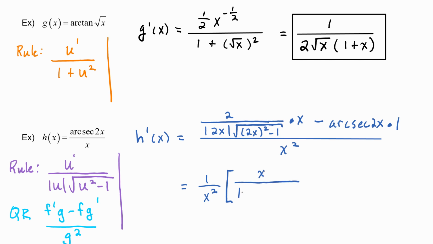That absolute value of x stays in the denominator, times square root of 4x squared minus 1. And then we have to subtract arcsecant of 2x. And that's all we'll do to simplify this one.